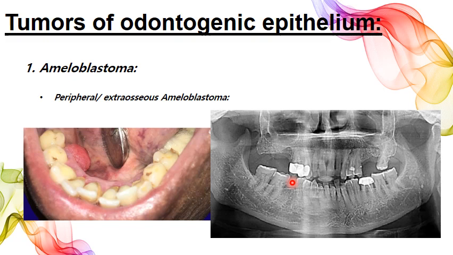This type of ameloblastoma is treated by wide local excision, which means we take the lesion along with a wide margin of healthy tissue.